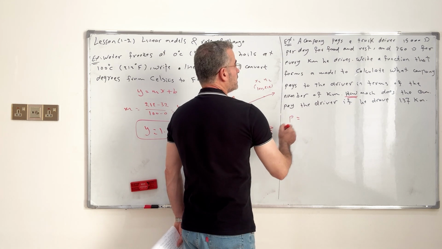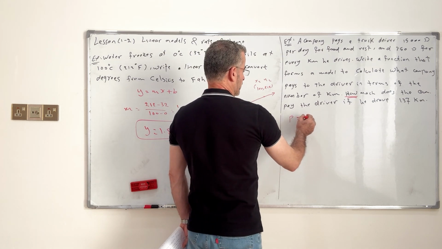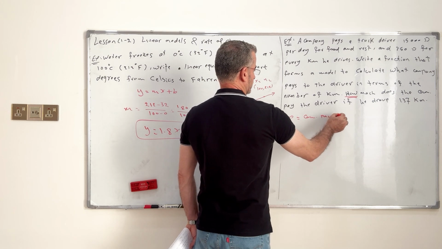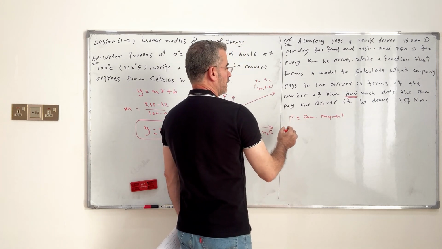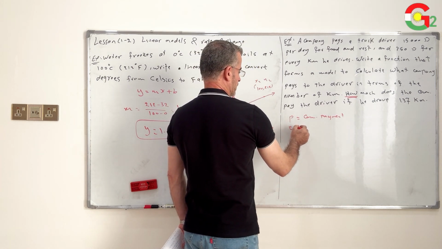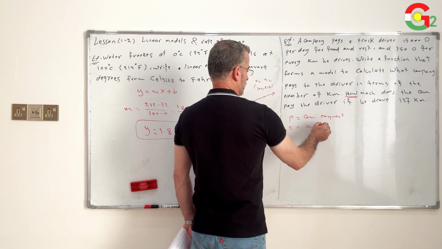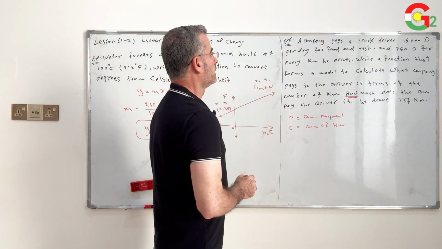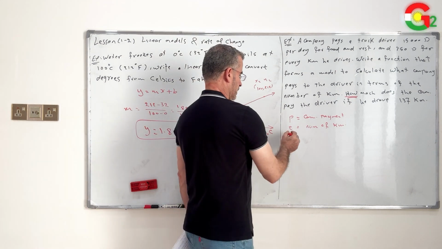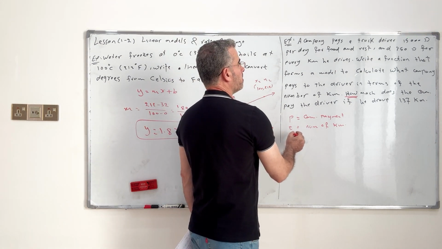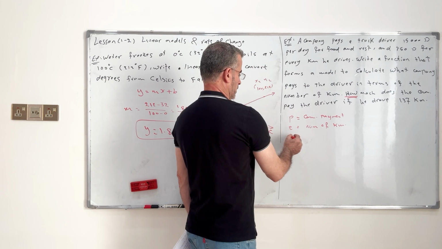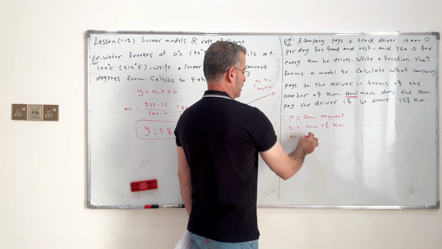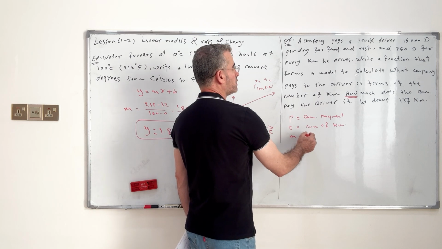Let P be the company payment. Let T be the number of kilometers, and let M be the rate of change.